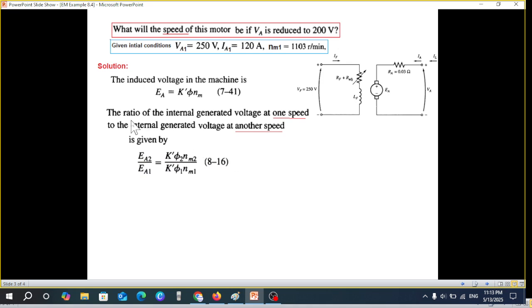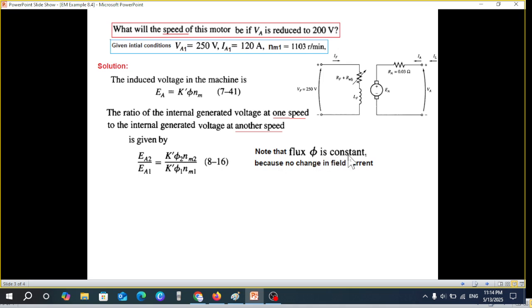Now the ratio of the internal generated voltage at one speed to the internal generated voltage at another speed. You can call this NM2 and NM1. So EA will be EA2 with NM2, and this will be called EA1 with NM1, and phi2, phi1.